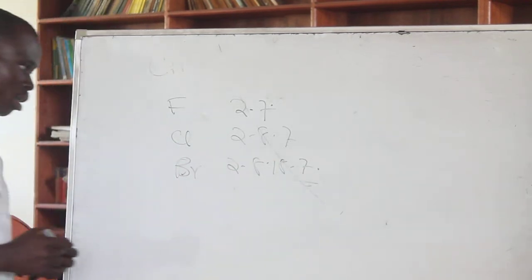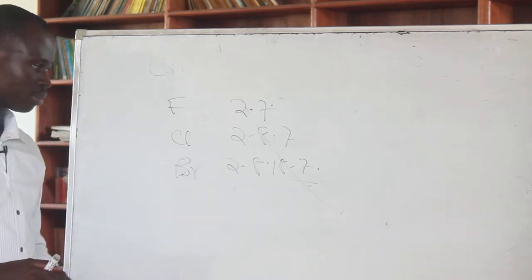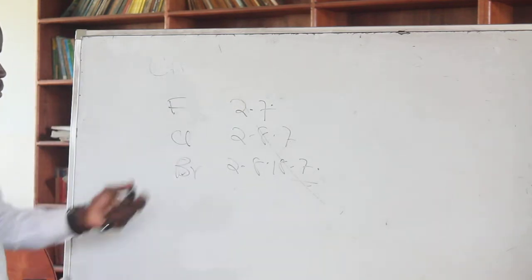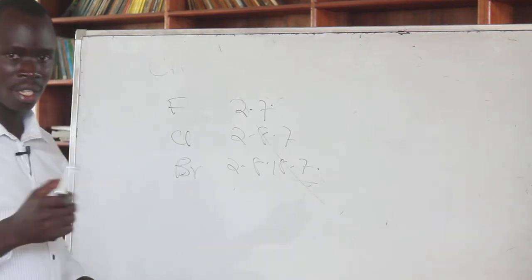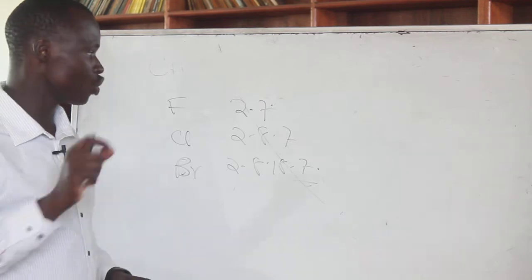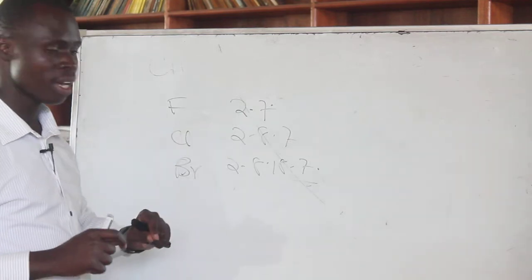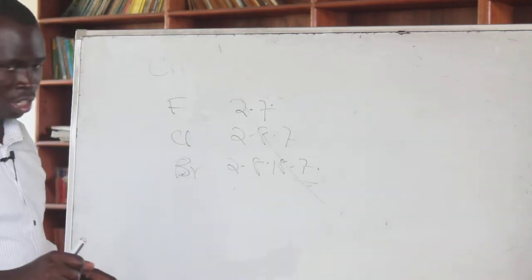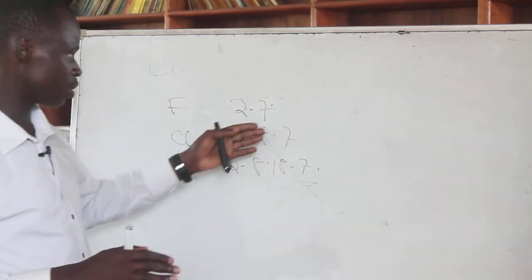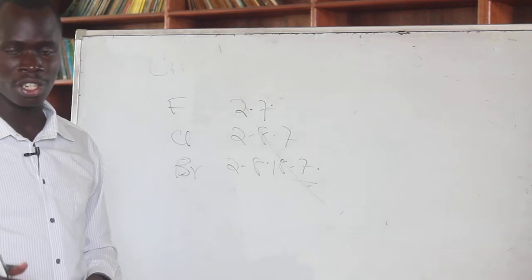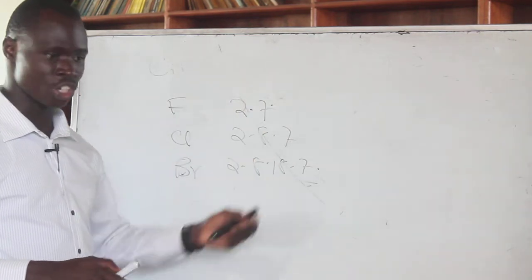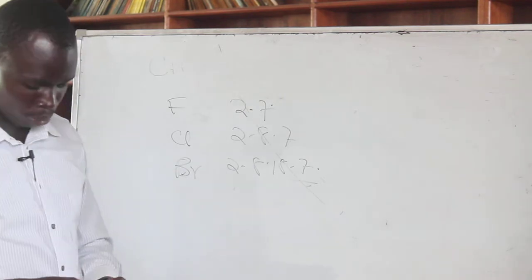Now you're looking at this. As you go down the group, there's an increase in the atomic radius. And as the atomic radius increases, that means the nuclear attraction also decreases. And when the nuclear attraction decreases, that means the ability of an atom to attract electrons decreases. And therefore, that means the reactivity decreases down the group.